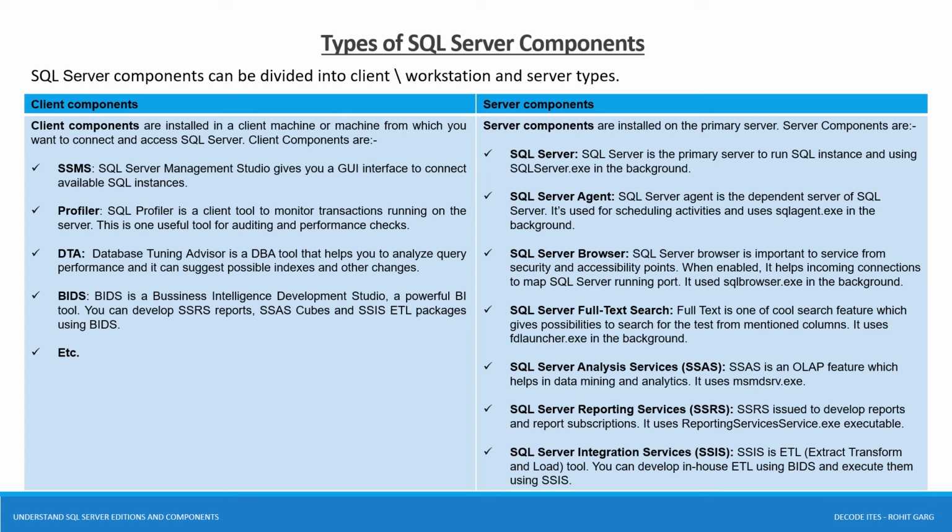You can use Agent for scheduling your jobs or tasks. SQL Server Browser is an important service for security and accessibility. When Browser is enabled, the incoming connection need not mention the running port. Browser can itself detect the SQL Server running port and connect you there.